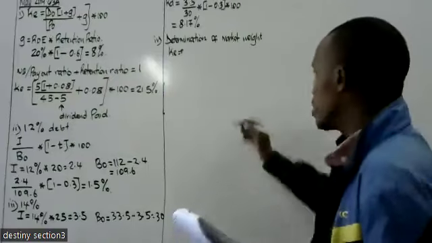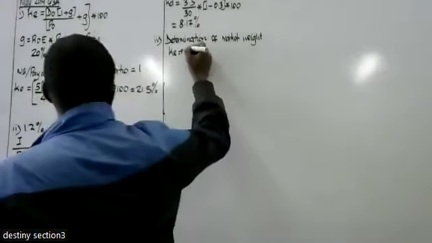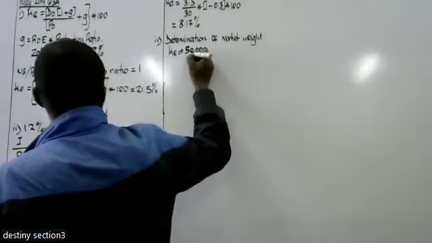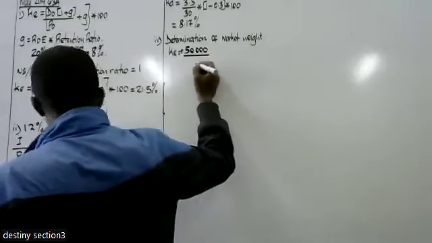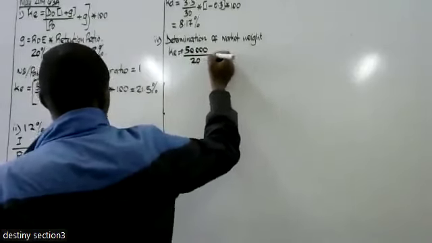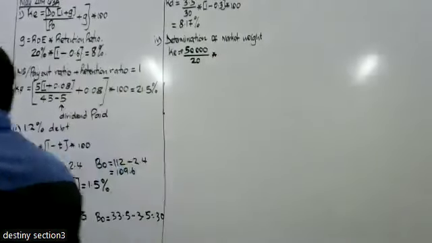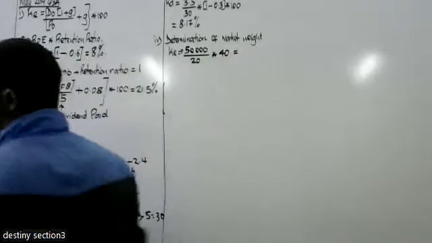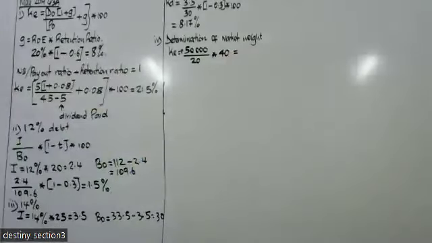Your ordinary shares are 50,000 shares at par 20, and the market price is 40.